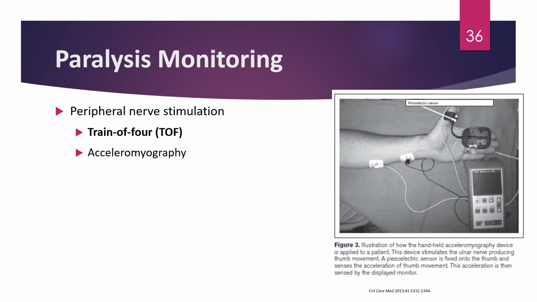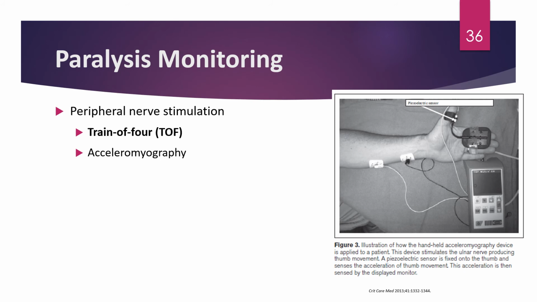So how do we monitor paralysis? We do peripheral nerve stimulation using a couple of different methods. The most common one is the train of 4, which we'll talk about in just a moment. But this other one that I have listed here is called acceleromyography. It's not used too much, but you see how the device is laid out here.